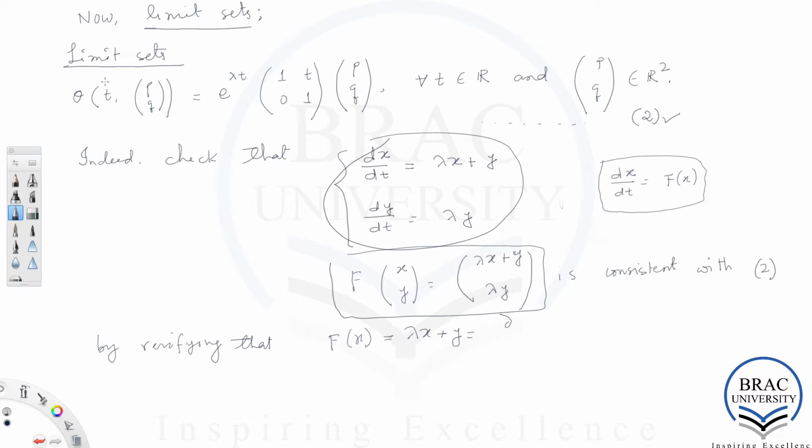Theta is a 2 times 1 matrix, that is a vector whose first component is e to the lambda t times p plus t times e to the lambda t q.